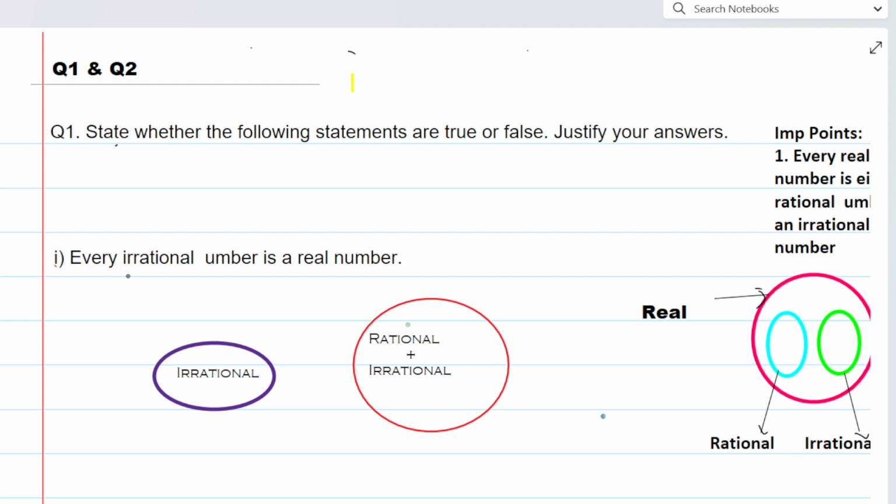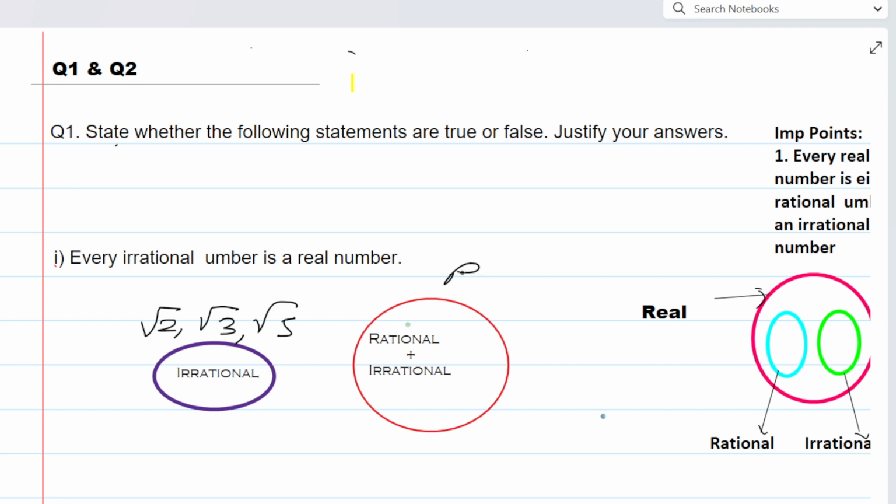Every irrational number. Let's take some examples. As we know, irrational numbers are root numbers: root 2, root 3, root 5. This is the set of irrational numbers. For example, I have taken 3 numbers only. You can take as many as you want. So is this set in the real numbers? Is it true?